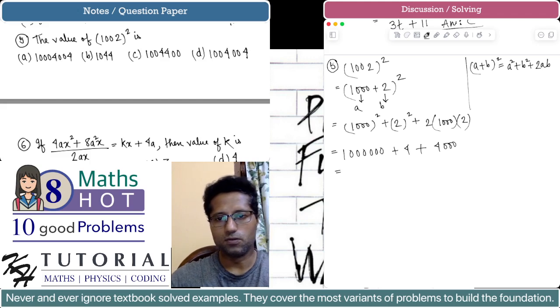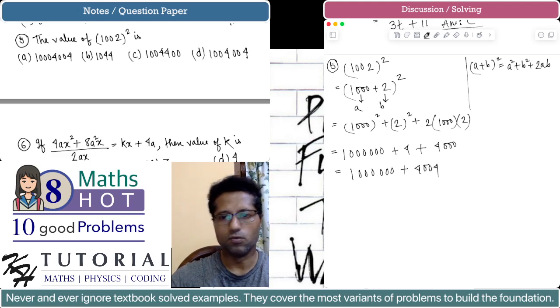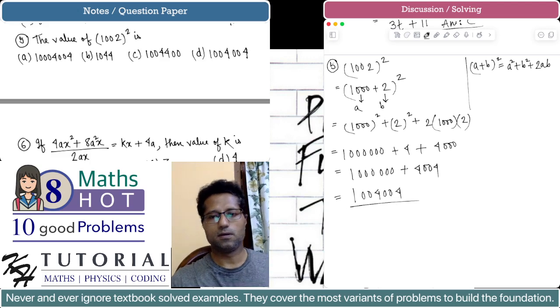So this is equal to 1 followed by 6 zeros plus 4000 and 4. So this is equal to 1004004.